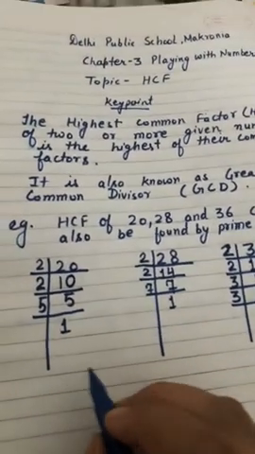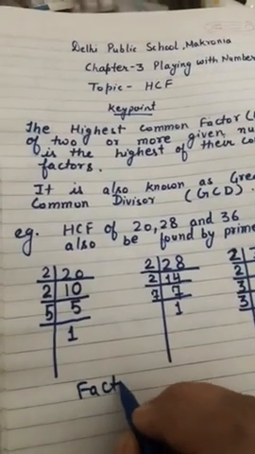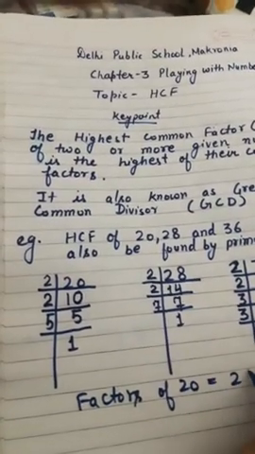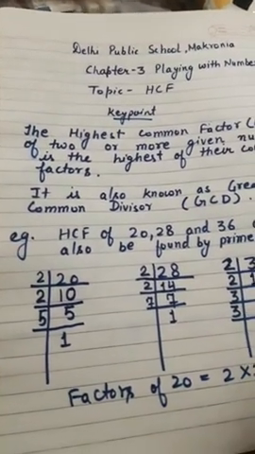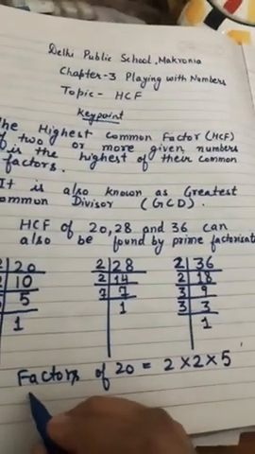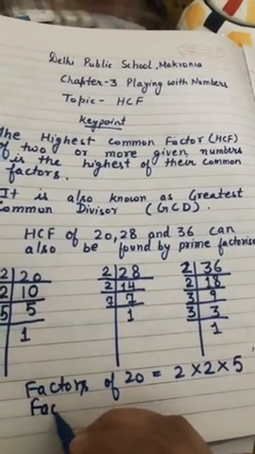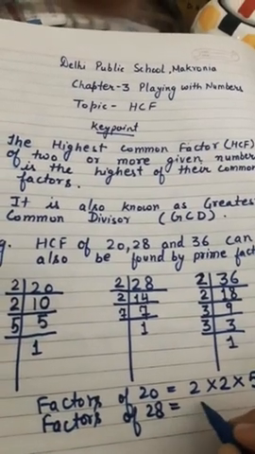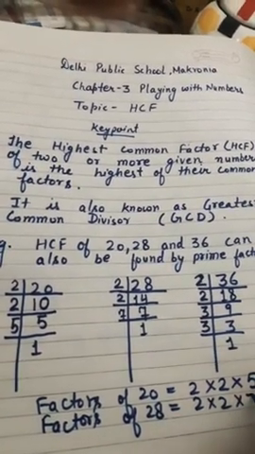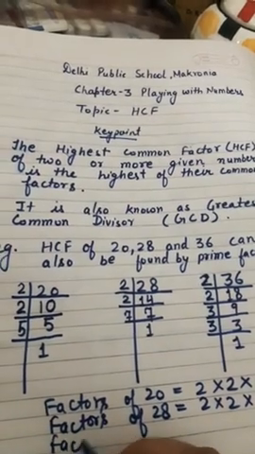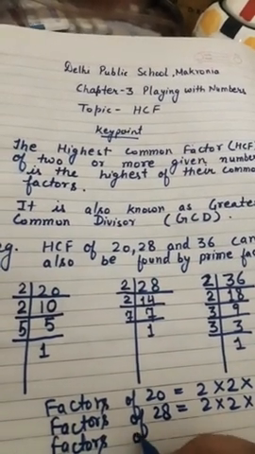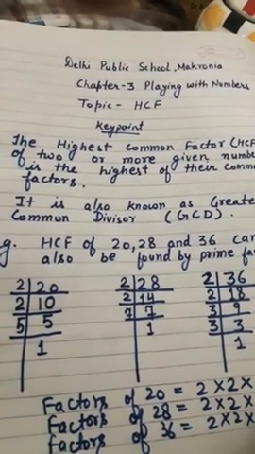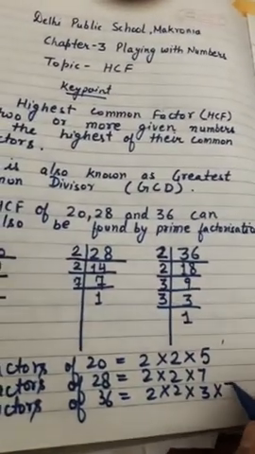Here we will write the factors. Factors of 20 are 2 into 2 into 5. Factors of 28 are 2 into 2 into 7. Factors of 36 are 2 into 2 into 3 into 3.